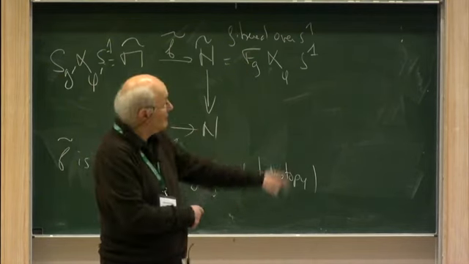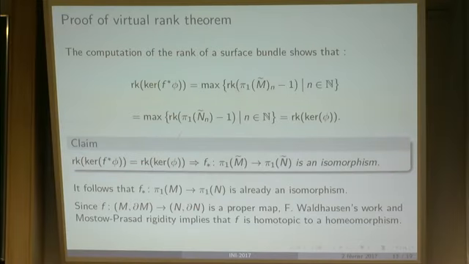But the ranks of the cyclic coverings by hypothesis are equal. So it gives me that the genus here must be equal to the genus here. That comes also from this hypothesis on the rank.